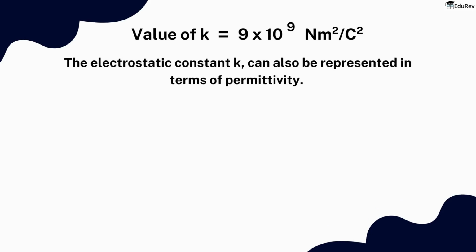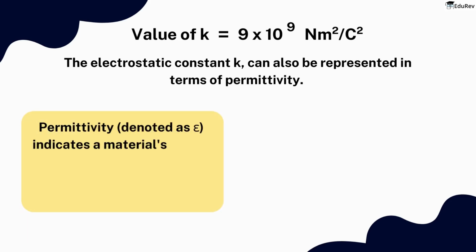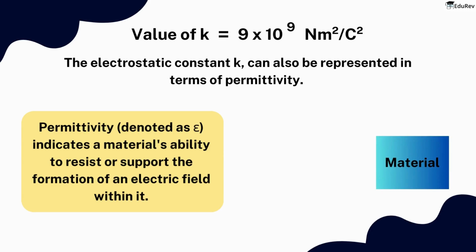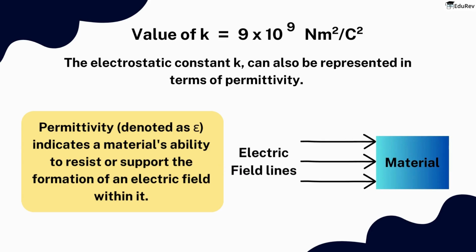The electrostatic constant, K, can also be represented in terms of permittivity. Permittivity, denoted as epsilon, indicates a material's ability to resist or support the formation of an electric field within it. In simple language, permittivity is a measure of how easily a material allows electric field lines to pass through it.